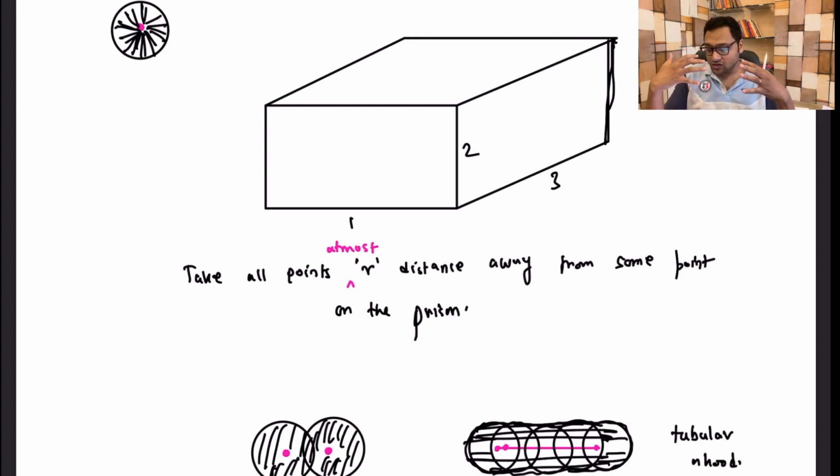prism. So if you take a point on the surface of the prism, and if you draw a sphere, right, like this, around this point of our neighborhood, part of the sphere will sort of be inside the prism, right?